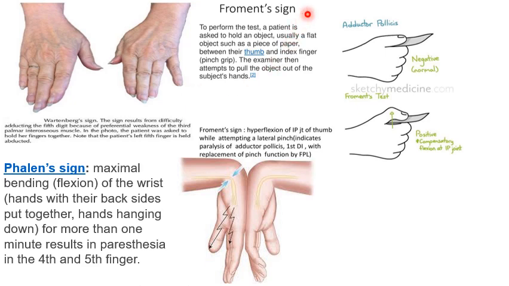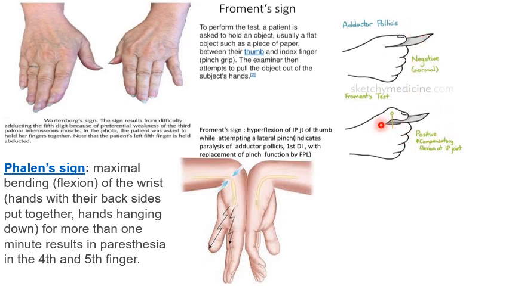Coming to the Froment sign, when a patient is asked to hold a paper between the index and thumb as a lateral pinch grip and tightly, and the doctor pulls the paper, there is hyperflexion of the interphalangeal joint of the thumb due to the unopposed action of the flexor pollicis longus to keep the paper in position, because there is loss of the function of adductor pollicis and the interossei.